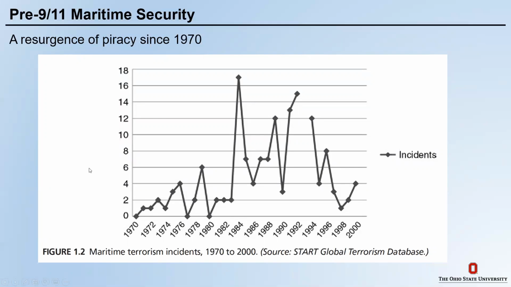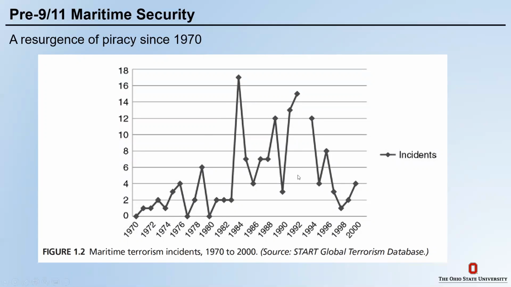So maritime terrorism incidents from 1970 to 2000. You can see that from 1970 to 1984, the frequency of maritime terrorism attacks increased dramatically year by year. There was a drop in 1976 and 1980, but in general, the trend is clear here.